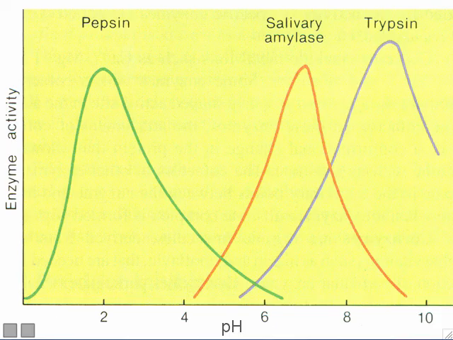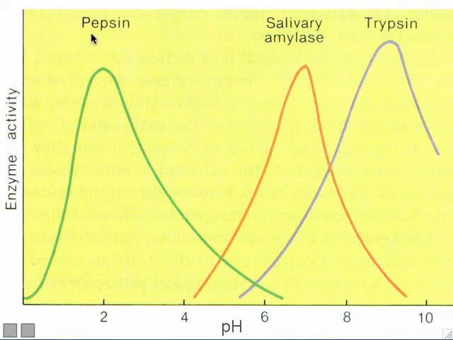Oh, now here's a thought question. If I were to show you this and say, which enzyme of the three enzymes listed here do you think is a stomach enzyme? Would you be able to answer that question? And the answer is pepsin, and here's how you would figure that out.